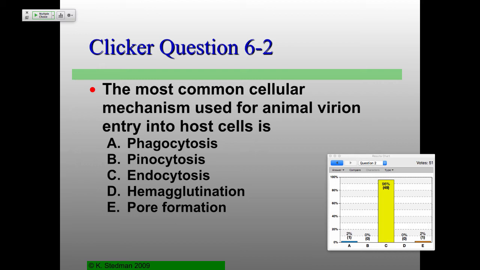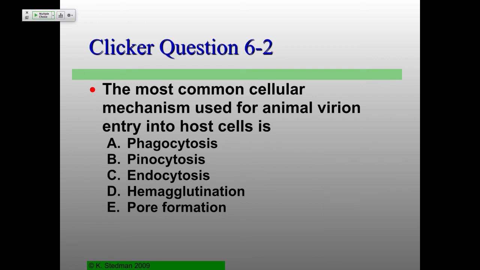Pore formation, this is actually probably the second best answer here. But that's not necessarily the entry process. So often the pores are going to form from the endosome into the cytoplasm. So not necessarily the entry getting into the cells.